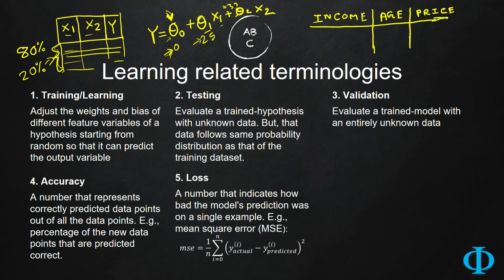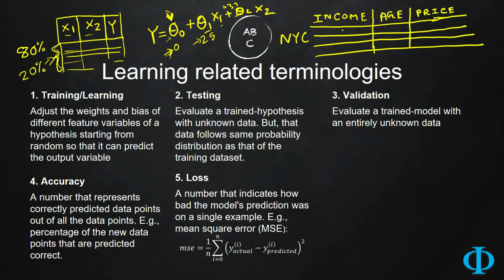Now let's say you have the data set for some city, New York City. You have the data set, everything from New York City, and you got all the data set over here.